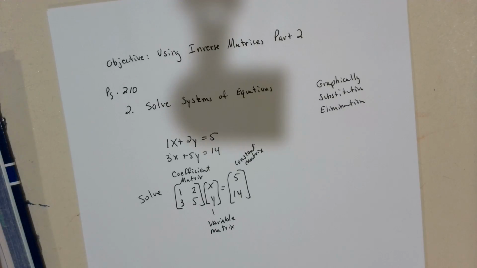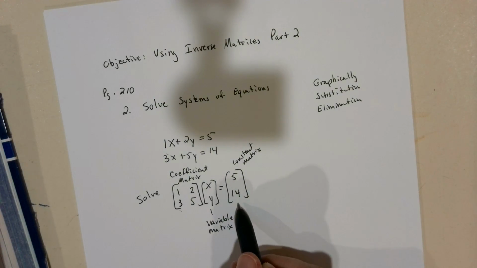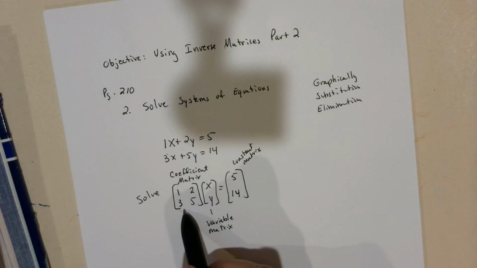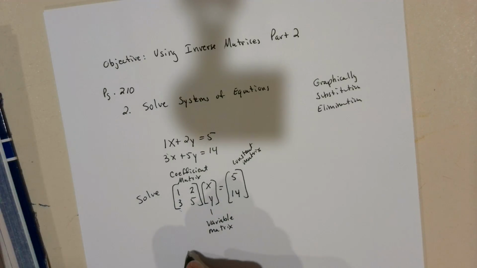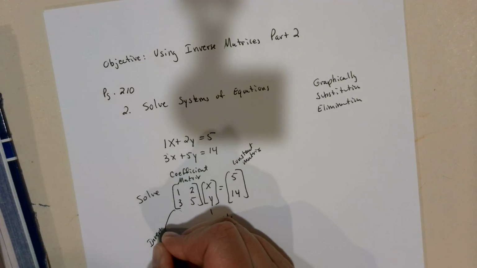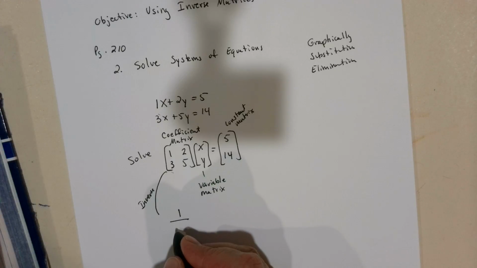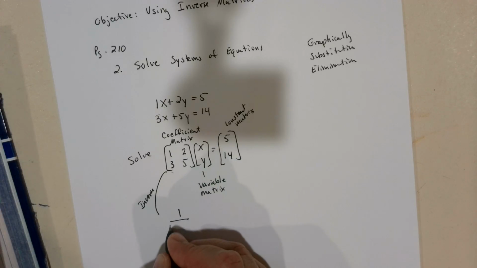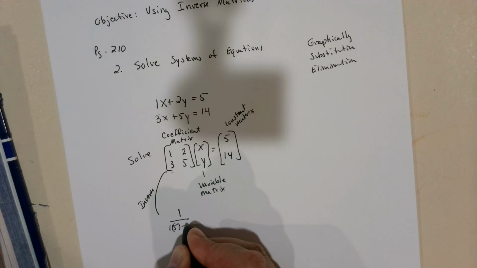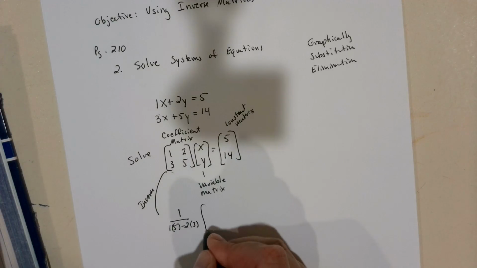And so we have a matrix equation, just like we just worked on in our first video. So I need to take the inverse of our 1, 2, 3, 5 matrix. And so I'm going to have 1 over, so again, I'm working on finding the inverse of our coefficient matrix. And so we are going to have 1 times 5 minus 2 times 3 underneath the 1.